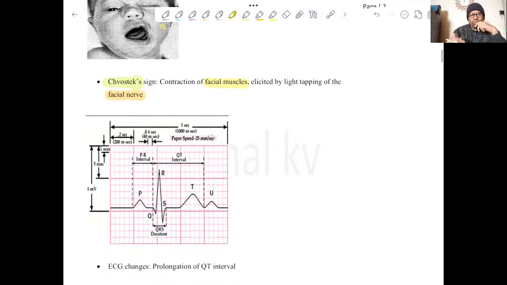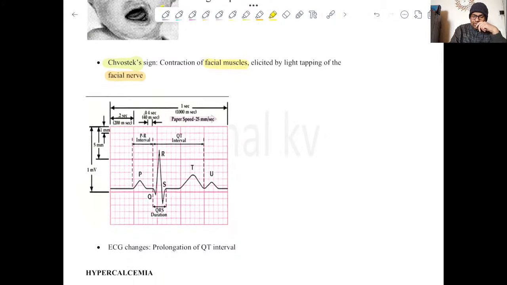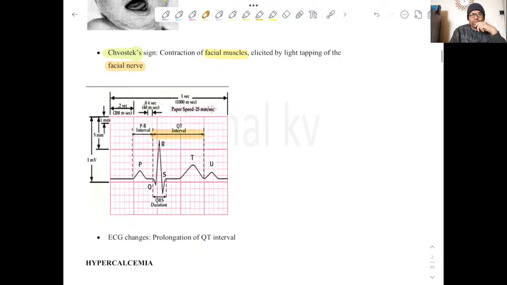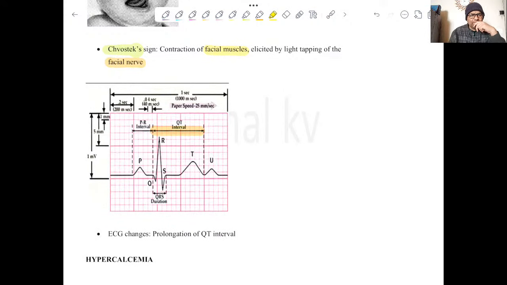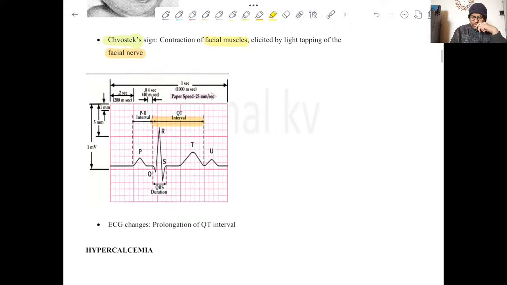Now what is more important from ECG point of view for hypo or hypercalcemia is the QT interval, right? So QT interval, and when we say hypocalcemia, the QT interval will prolong, and if we say hypercalcemia, the QT interval will be shortened, right? So in hypocalcemia there will be prolongation of the QT interval, and this QT interval is calculated from the beginning of Q wave till the end of T wave, right?